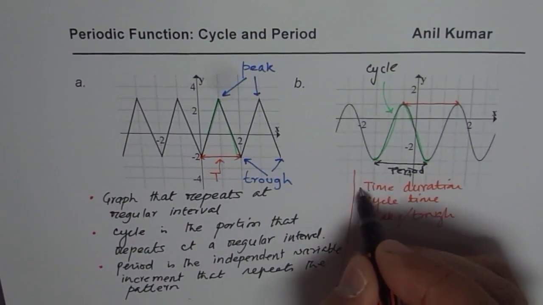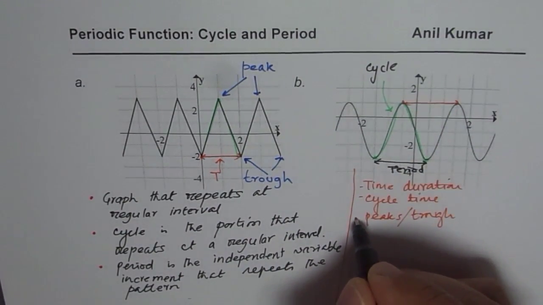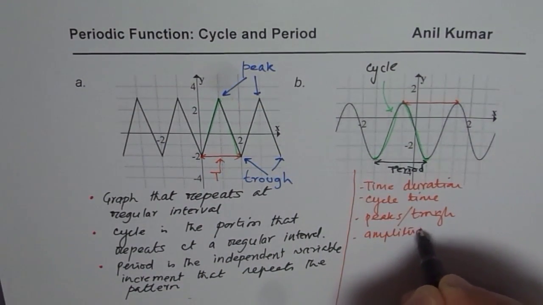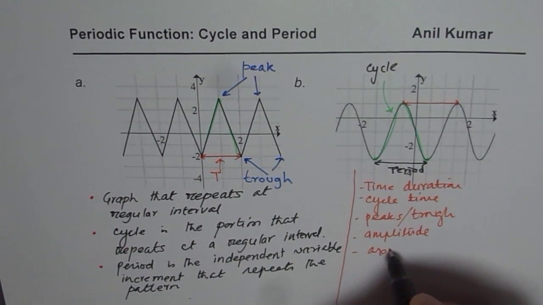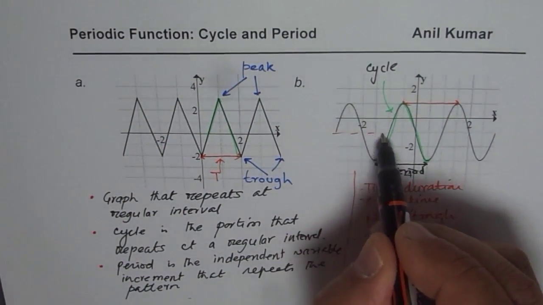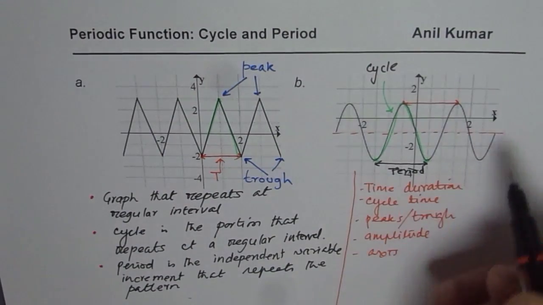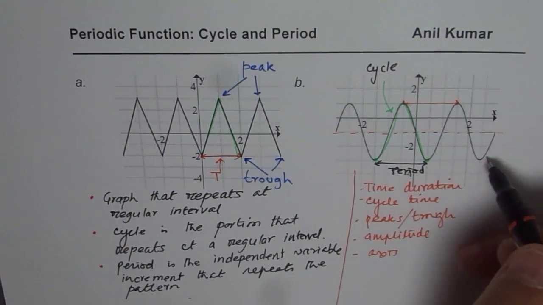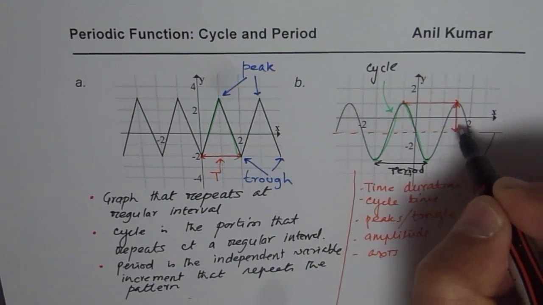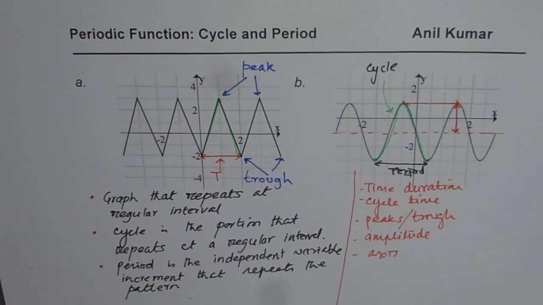Now, another characteristics for sinusoidal functions could be amplitude. So amplitude, and we'll also talk about axis in the next video. Axis is the center line, right? So it is kind of a axis through which it goes through, and amplitude is how far the wave goes away from the axis. So we'll look into these in the next video.